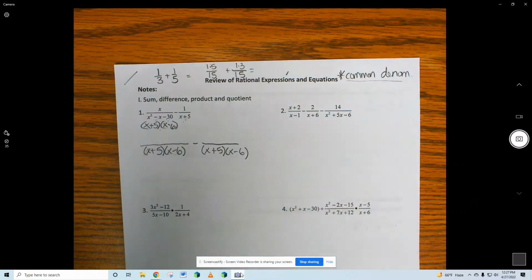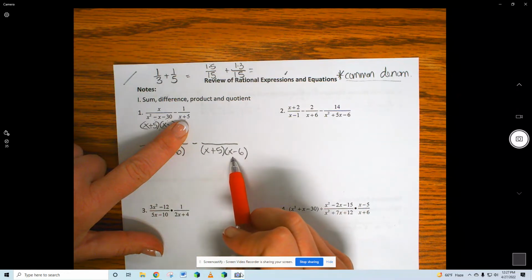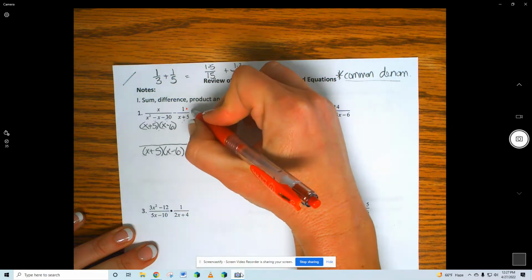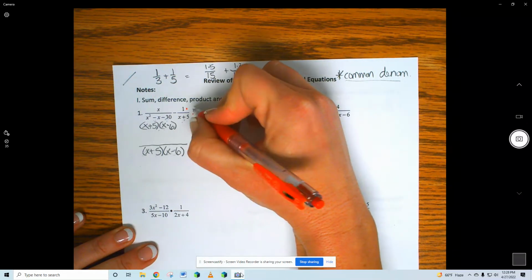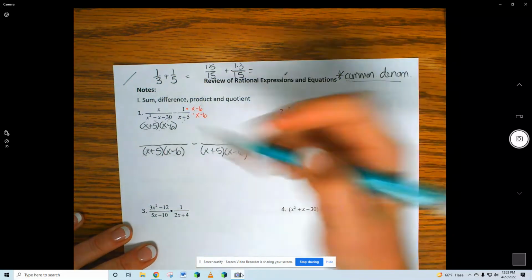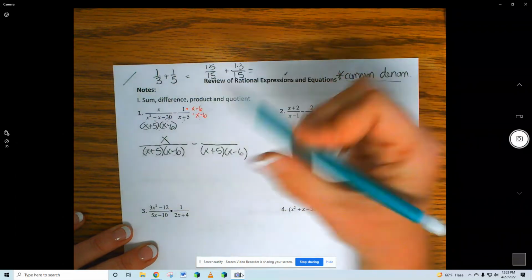But then you'll notice that this only has an x plus 5 on it. So it's like, what did I do to get x plus 5, x minus 6? I had to multiply the top and the bottom by the x minus 6. So this first fraction is going to stay. I didn't have to make any changes. This second one I had to multiply by x minus 6.